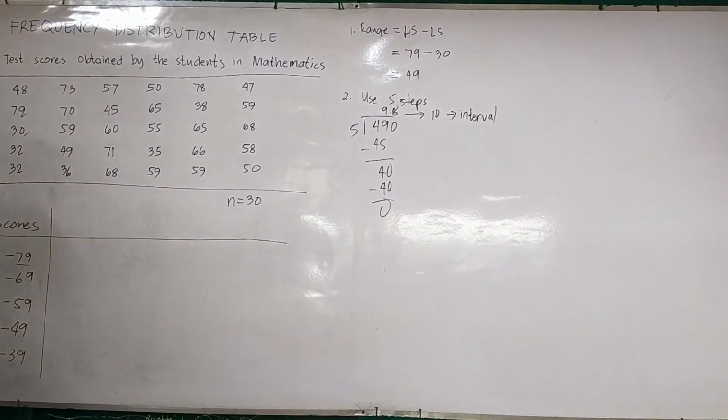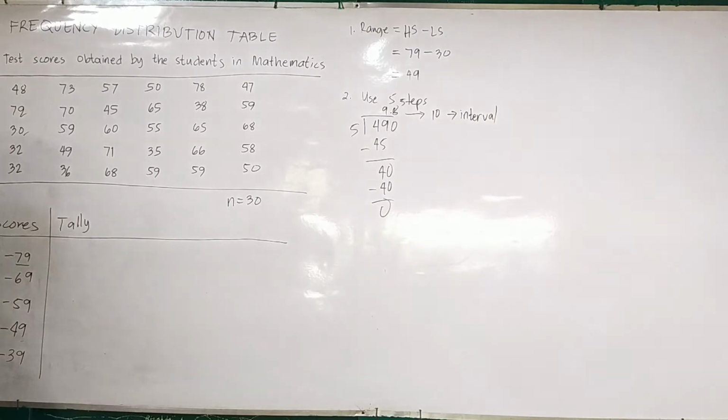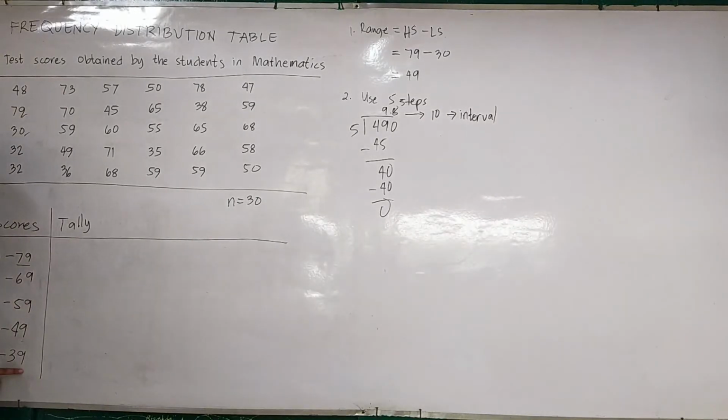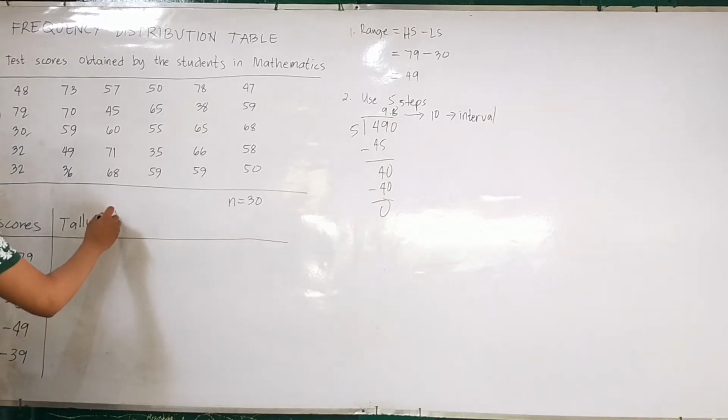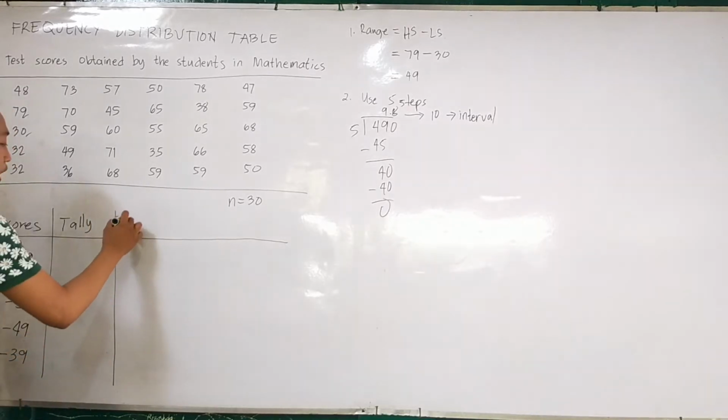The next step will be to identify the tally. It means how many scores belong to the 30 to 39 group, 40 to 49 group, 50 to 59 group, 60 to 69 group, and 70 to 79 group. After we have gathered our tally, we are going to count the tally.